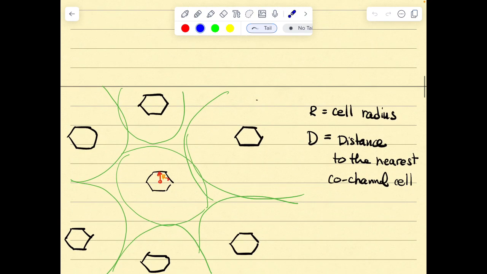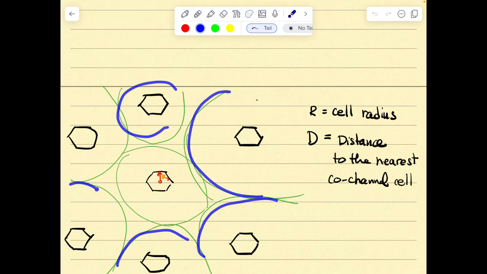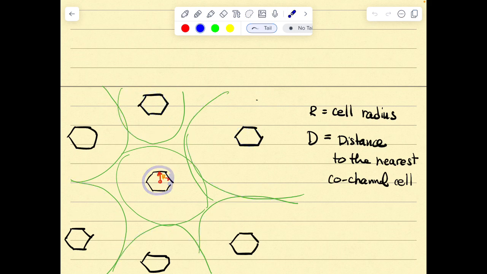But now if you're looking at the whole cellular area, this green circle represents a cluster which consists of 7 cells. If we focus on one cell, you see that there are other nearby clusters, with a cell that is using the same set of frequencies as the one right here that I drew in the black marker.